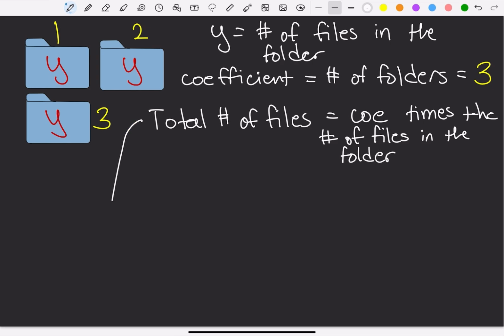So what does that give us? It gives us our coefficient 3 times the number of files in the folder, or Y. So that finally gives us 3 times Y. We have our coefficient times our variable. And what does this tell us again? The number of files we have in total.